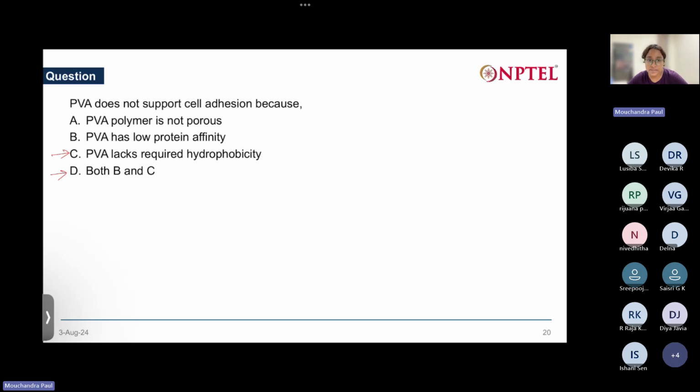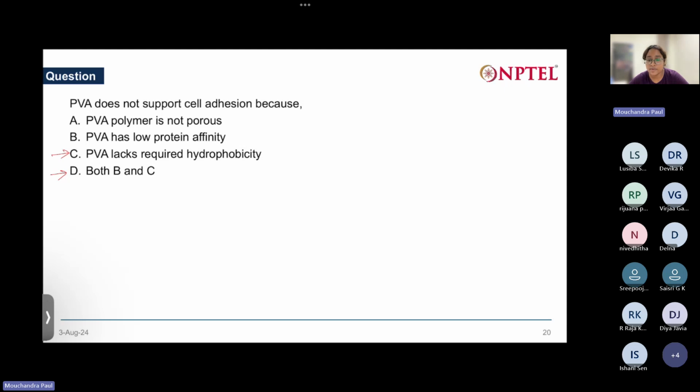Usually synthetic polymers do not have cell adhesion sites by themselves. So we can either graft those cell adhesion sites, like RGD sites, through chemical bond formation, or we make sure that the surface made by the synthetic polymer is of desired wettability.